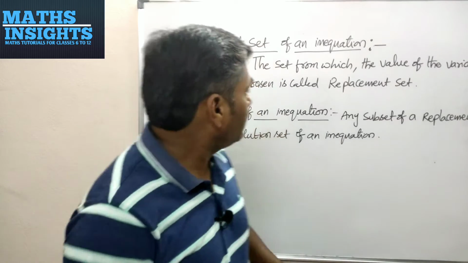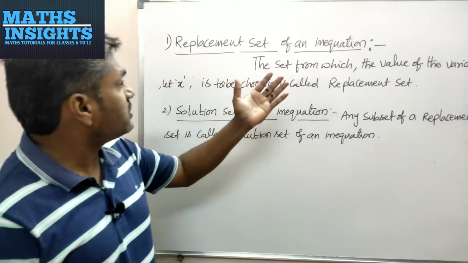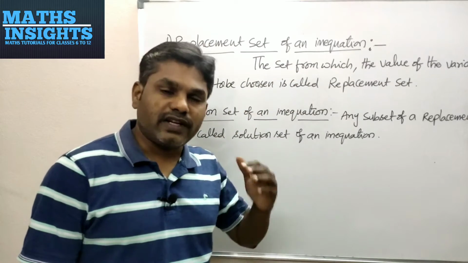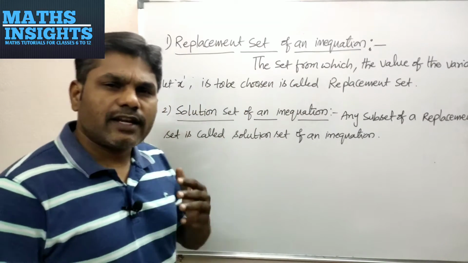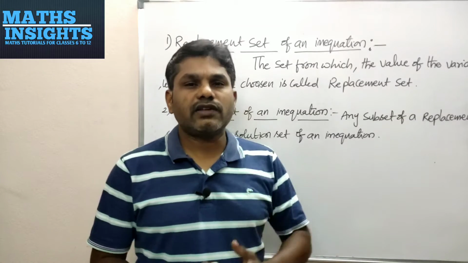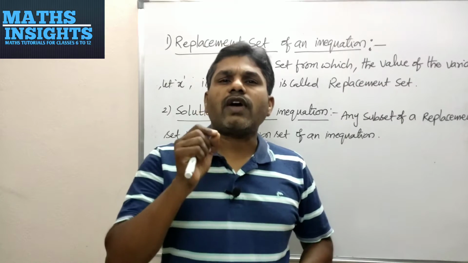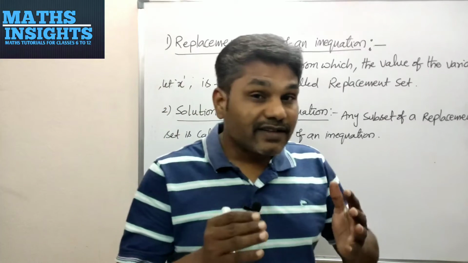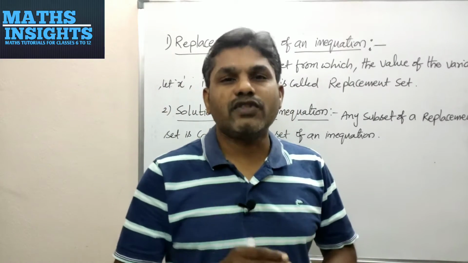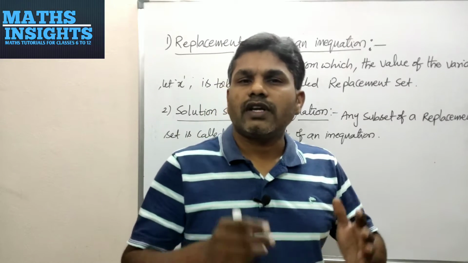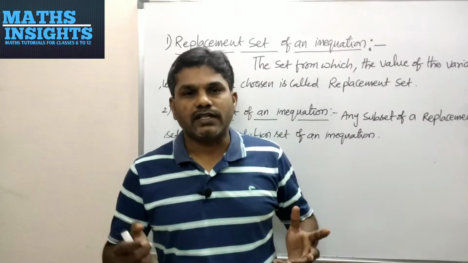Now I have written the definition for solution set of an inequation and replacement set of an inequation. See, actually, the replacement set of an inequation is the set from which the value of the variable, let x, is to be chosen. Whatever variable you may want to assume, it may be x, y or z.